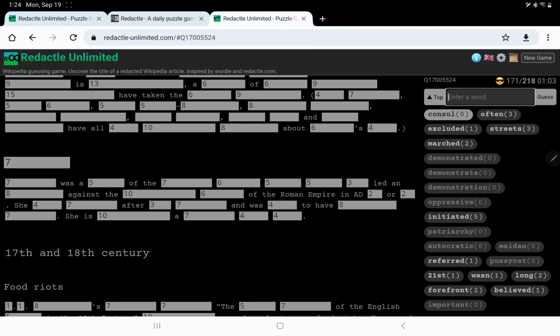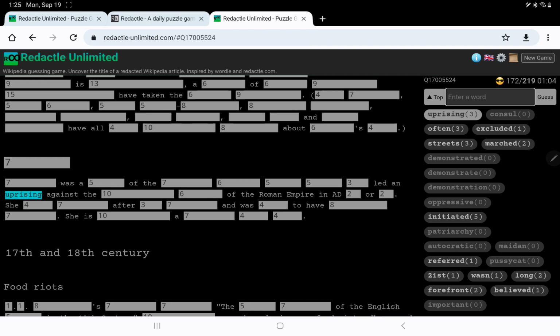Led an. I'm going to go back and look at more synonyms here and see if I can take a second look. Well, I didn't find it in my list of synonyms, but I started thinking of out as a prefix, but then I thought of up and uprising, and I have a good feeling about this.